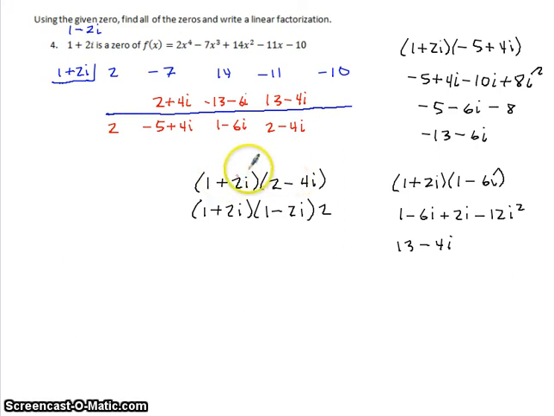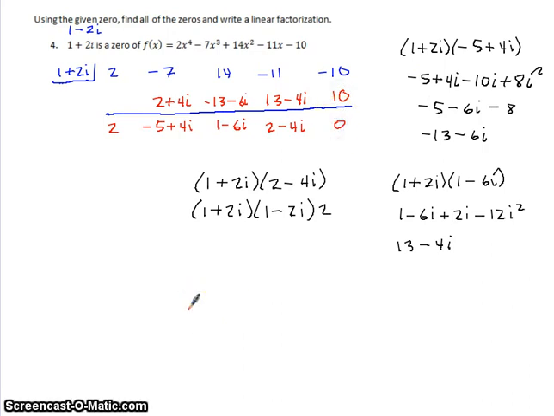And what I've done here is I've factored out a 2 to see that we have two complex conjugates. And remember that when you multiply two complex conjugates, you end up getting a real number. And so I know that I'm on the right track here because I need a 10 here.